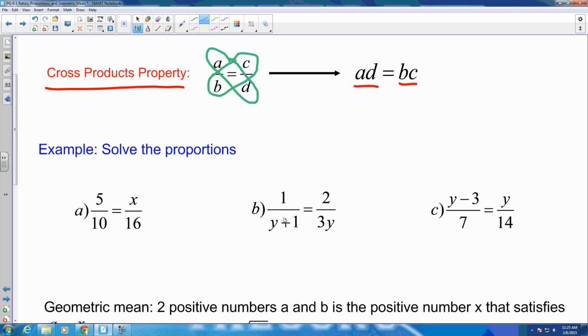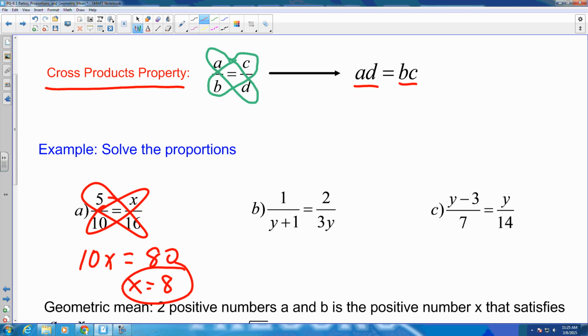When we want to solve a proportion, such as these examples here, we just cross multiply. I cross multiply here, I cross multiply here. I get 10x on one side, set equal to 5 times 16, which gives me 80. Then I divide both sides by 10, so x equals 8.